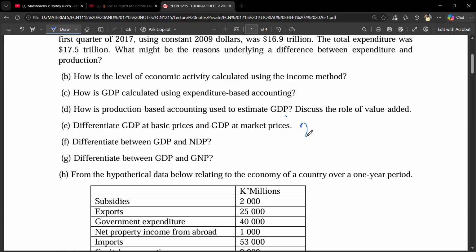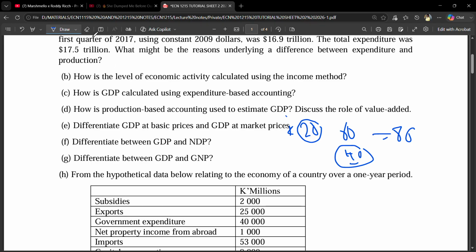Let's say wheat was sold at 20 kwacha and flour was sold at 60 kwacha. You cannot say 20 plus 60 is 80 and that's your GDP. No, we subtract the intermediate, and we only count the final value. When we subtract, we get 40. So our GDP is supposed to be 40, not 80.